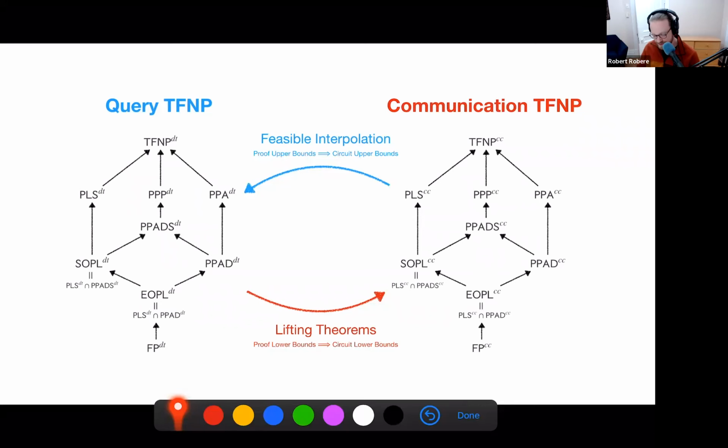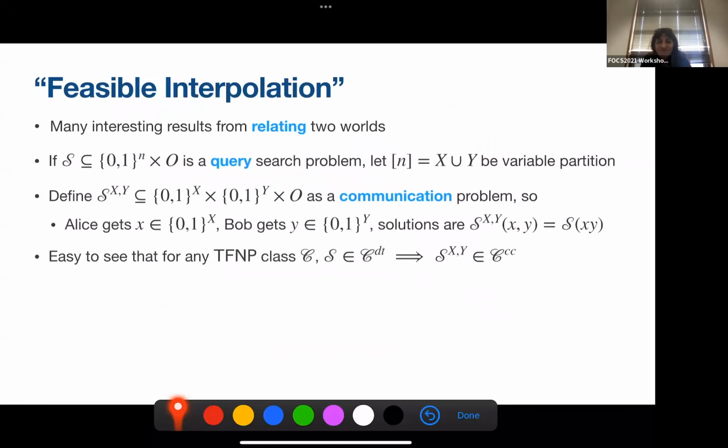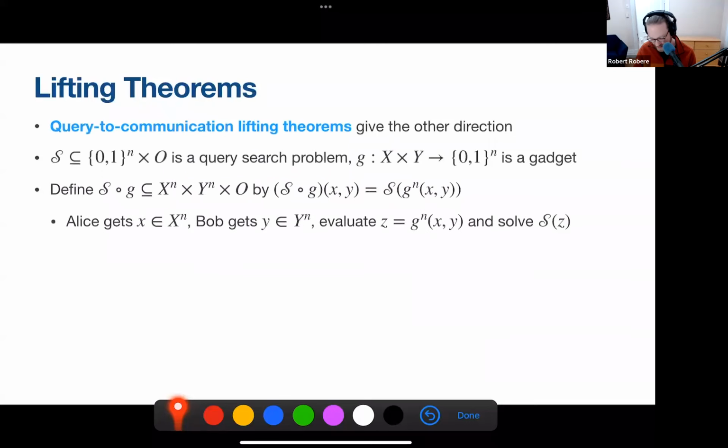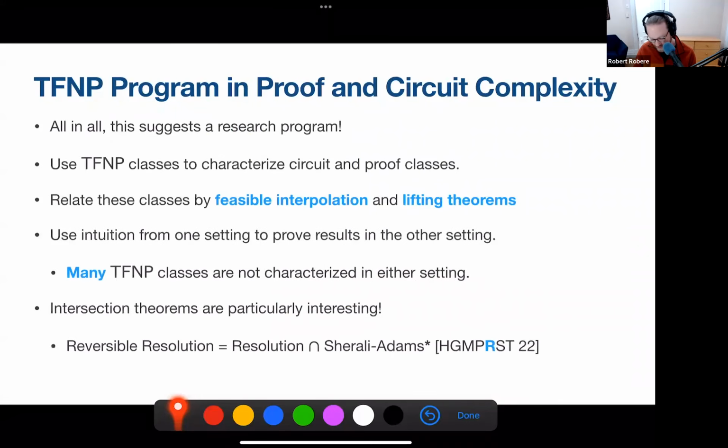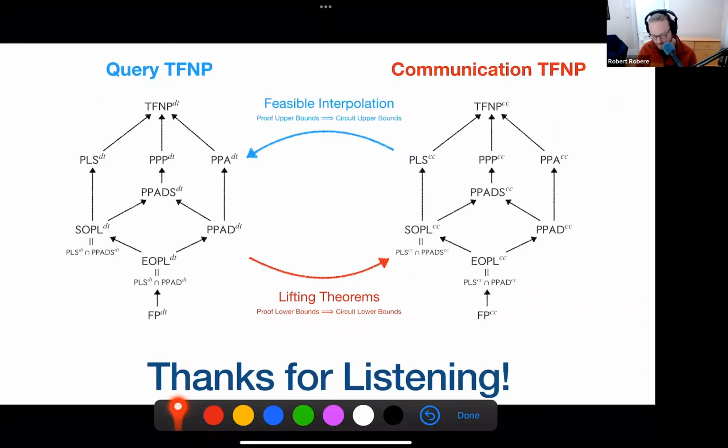So I'm running out of time here, so I'm going to skip ahead to my last slide. The basic idea here is to relate query TFNP to communication TFNP. To bring it back to the beginning of the talk, where we have these systematic relationships between query complexity and communication complexity, this gives a method of characterizing these various classes using query models and communication models.